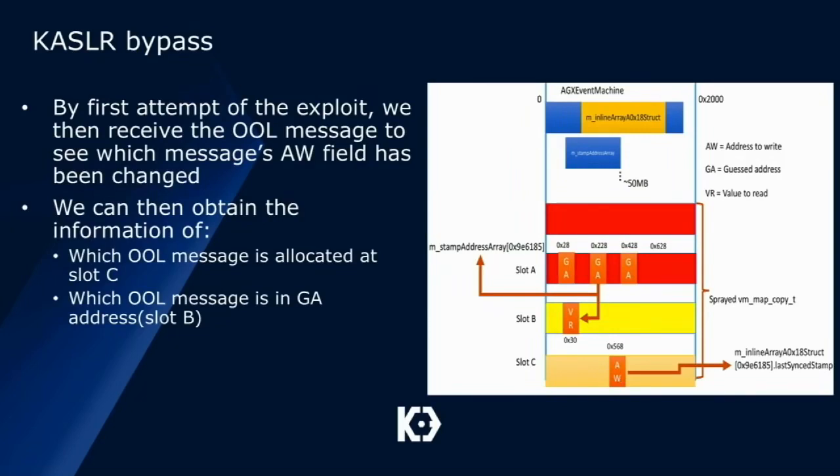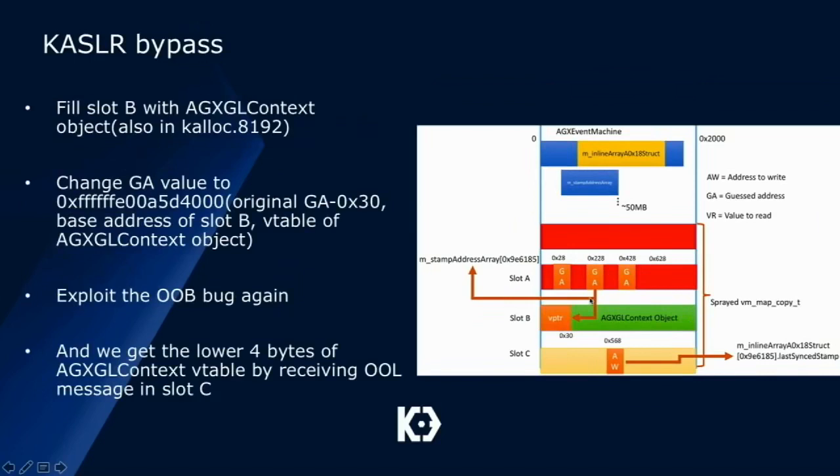The first is which OOL message is allocated in slot C. And the second is which OOL message is in slot B, because we can specify each OOL message's VR field to be unique. And after we get this information, we can perform the second exploit to bypass ASLR.